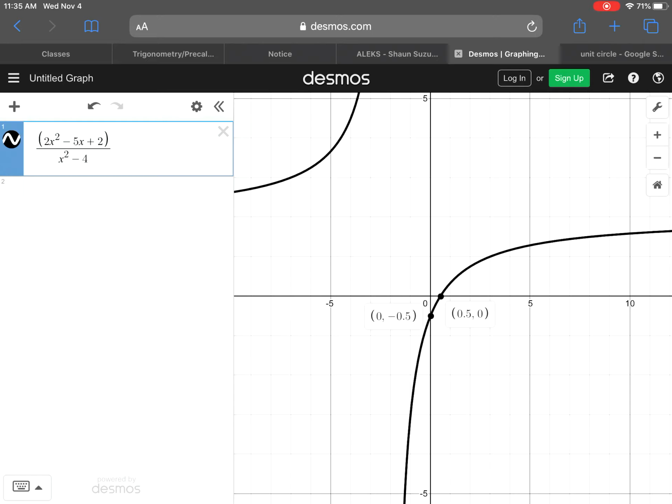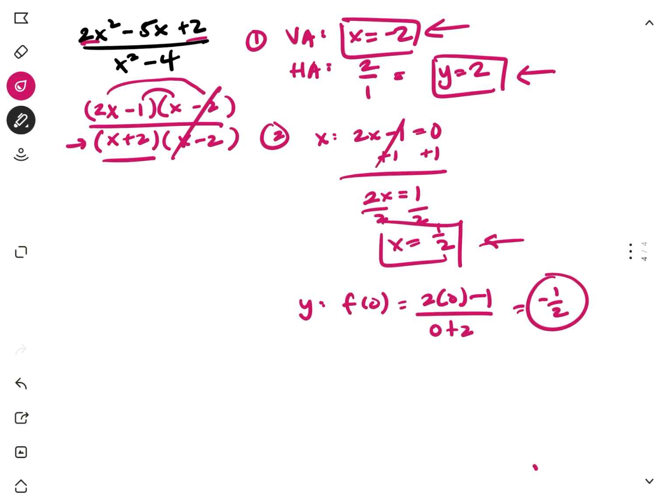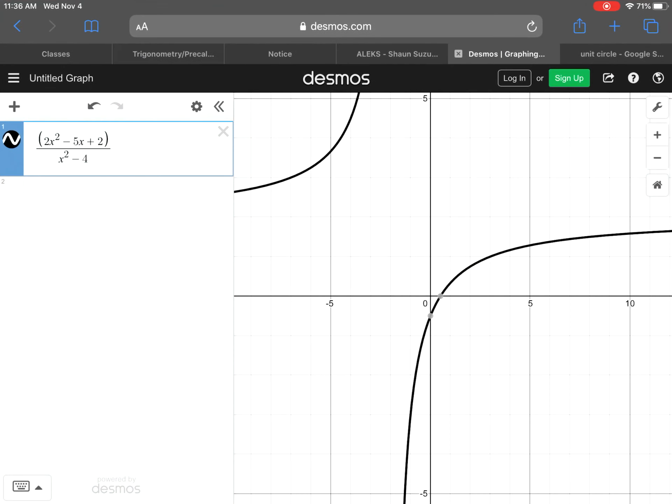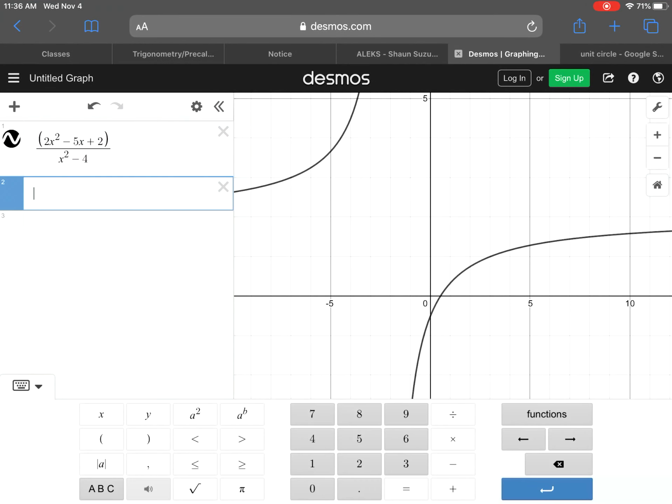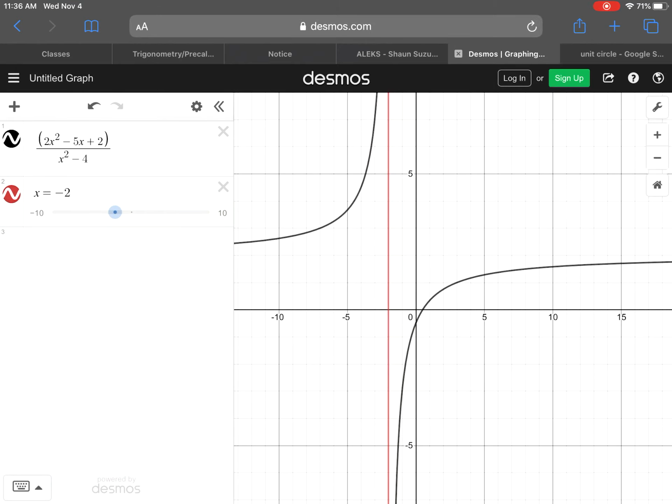All right, so let's check our intercepts. Okay, our x-intercept at 1/2, our y-intercept at -1/2, perfect. We should also have, looking back here, a vertical asymptote at -2. Let's check. So I'm going to put in x equals -2. Yep, that checks out. And then we have a horizontal asymptote at 2.